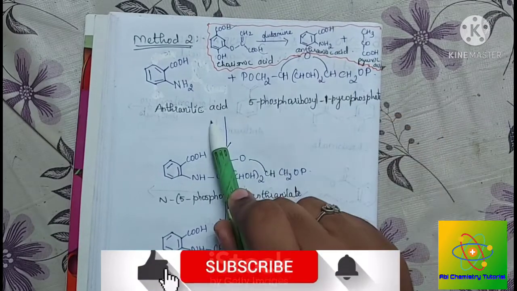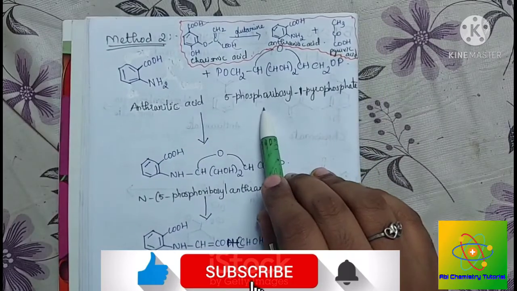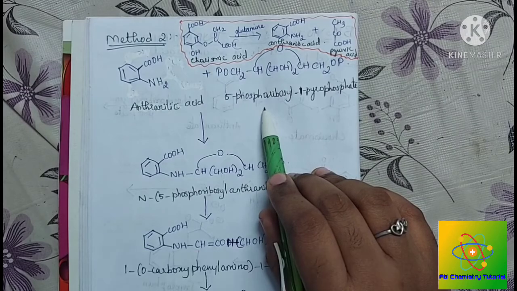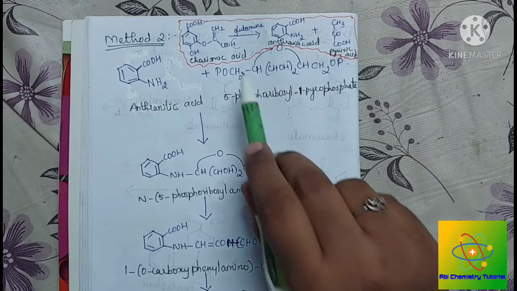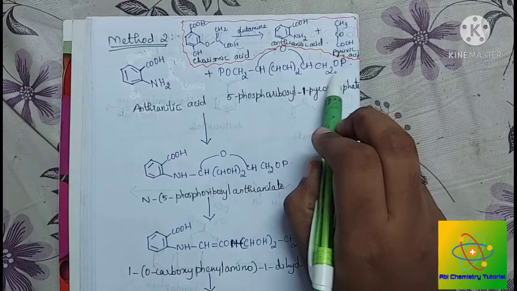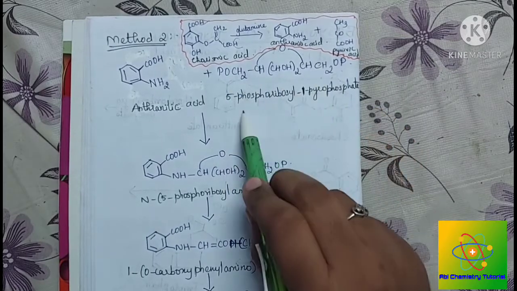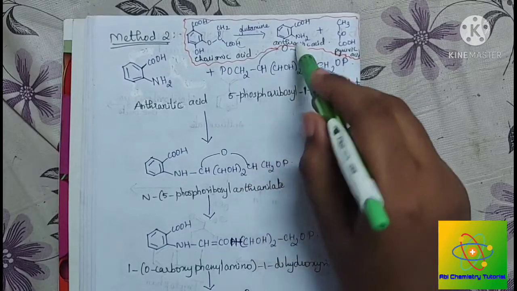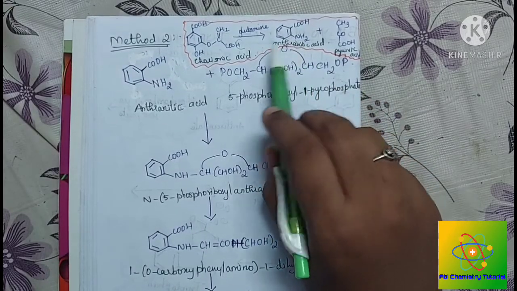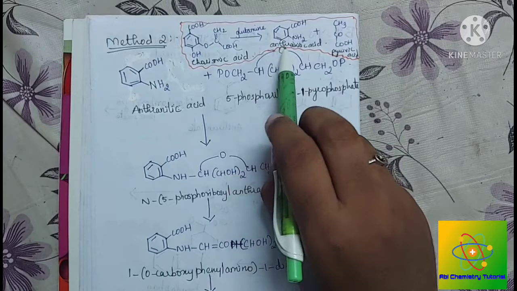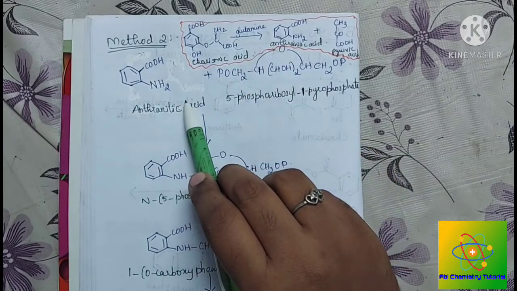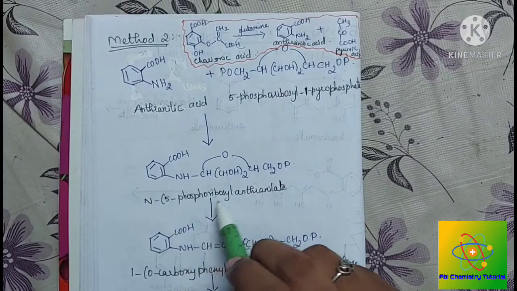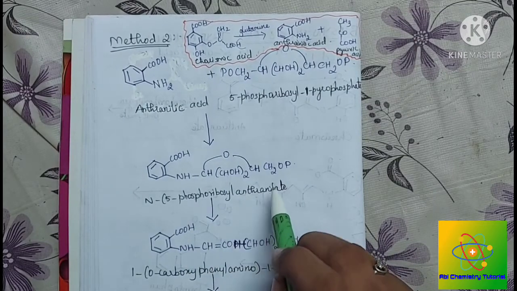Anthranilic acid again reacts with phosphoribosyl pyrophosphate. I showed you the structure in method 1, and it has a simple structure like this. When the anthranilic acid formed by the decomposition of chorismic acid reacts, we get N5-phosphoribosyl anthranilate.